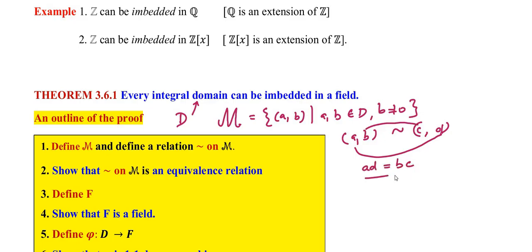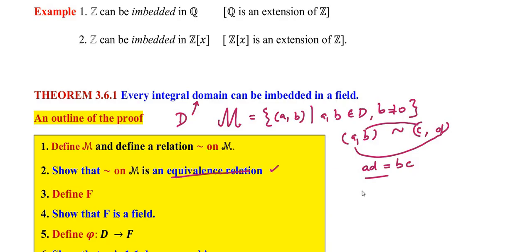Whenever we have ad equal to bc, we can say that the ordered pair (a, b) is related to (c, d). We then show that this relation on script M is an equivalence relation.